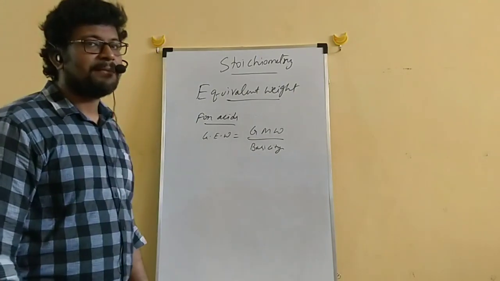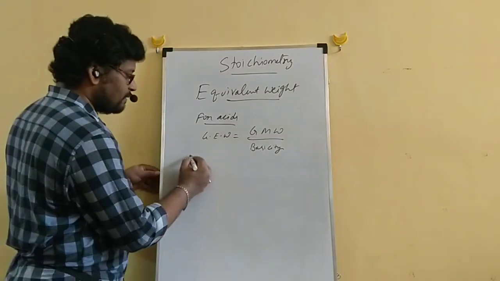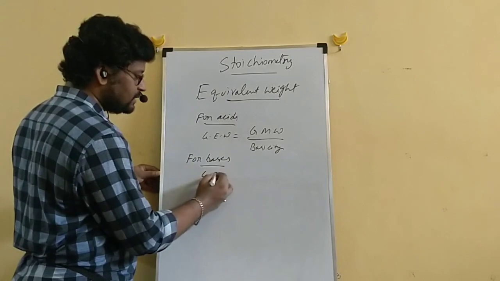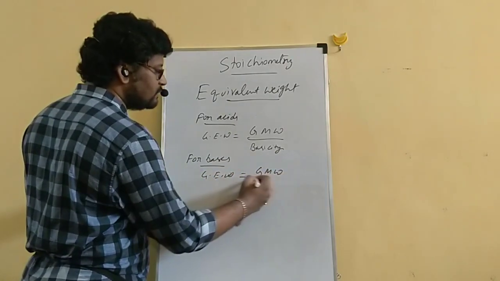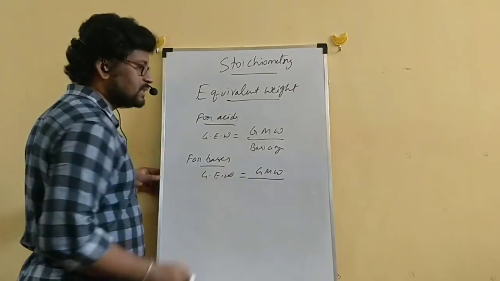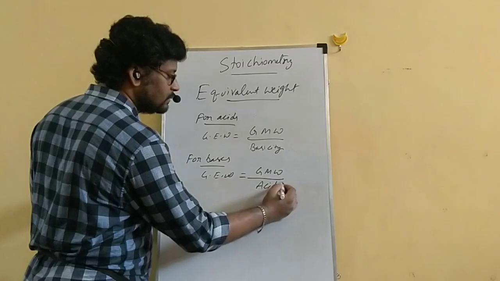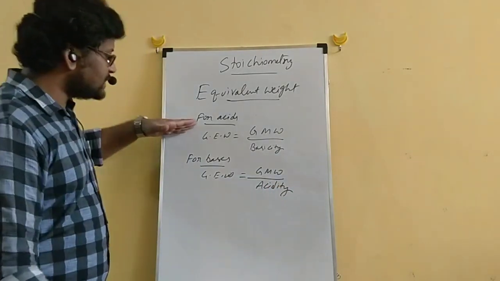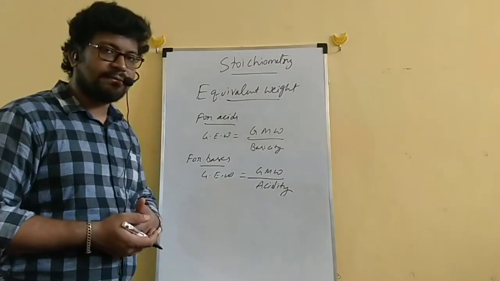Next, for bases, gram equivalent weight is equal to gram molecular weight divided by acidity. This is acidity.